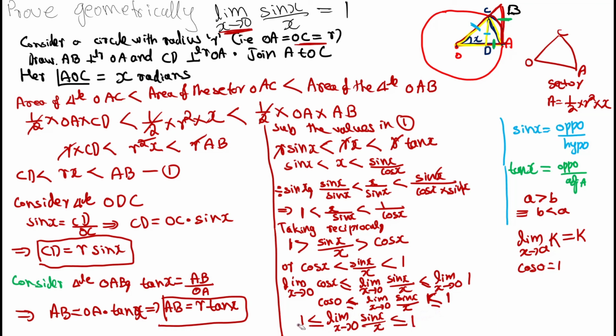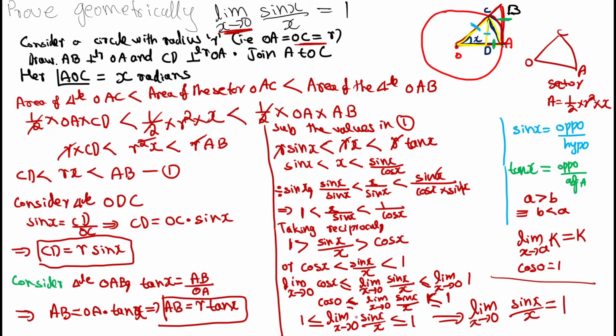This implies the limit is equal to 1. We call it the sandwich theorem, because this function is sandwiched between the constant function and the cos function.